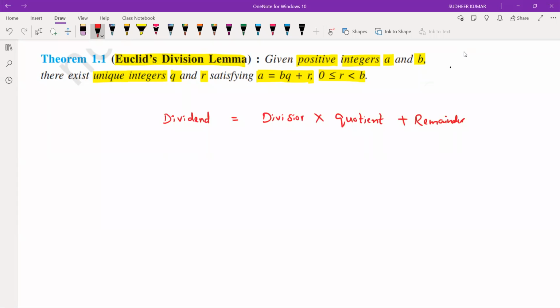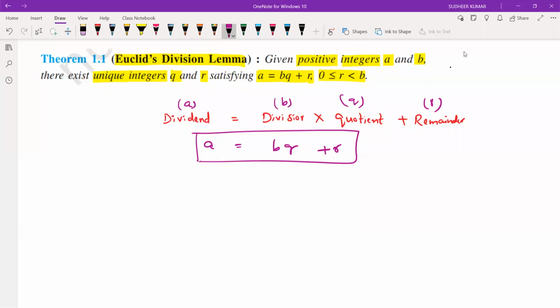It is based on that only. So here let us consider a as dividend, b as divisor, q as quotient, and r as remainder. In shortcut form, a equal to bq plus r.